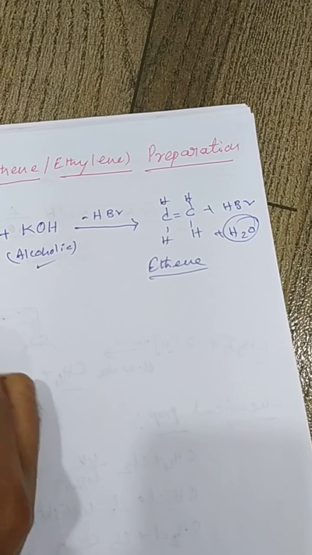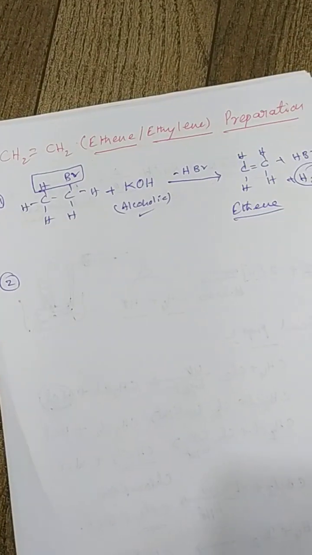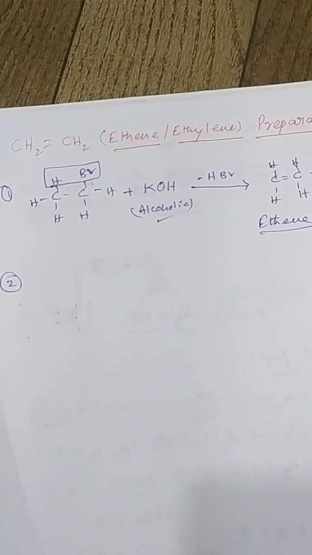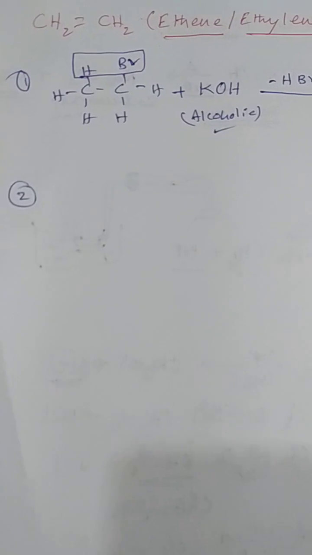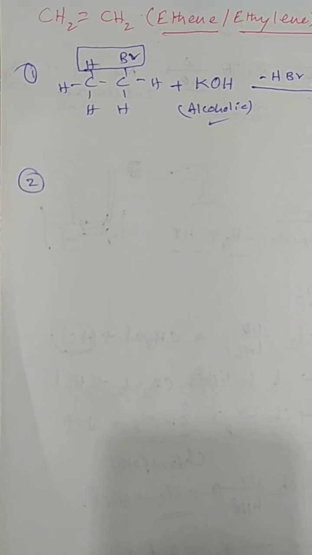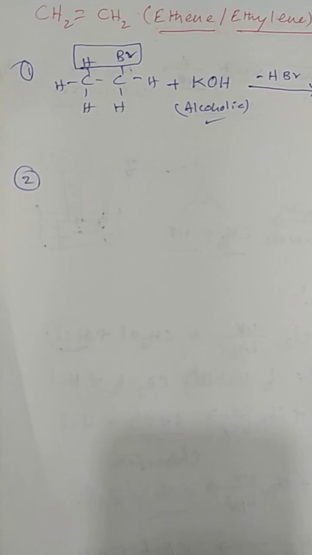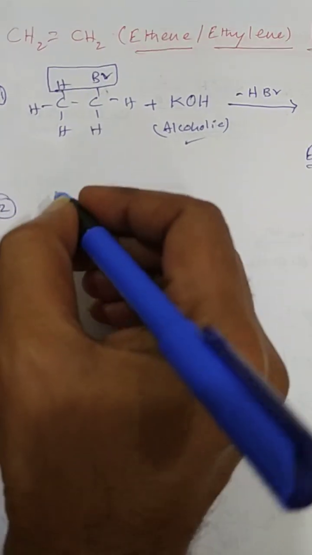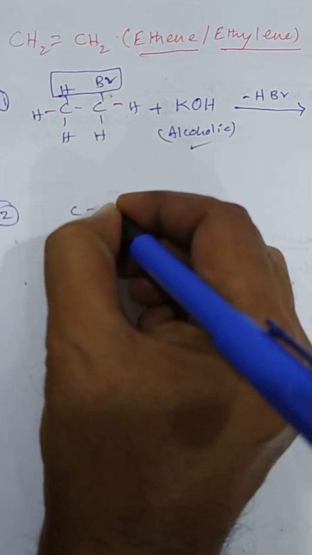In the second reaction, if you are taking a sulfur compound, it is called dehydration. This reaction is called a dehydration reaction. We are using sulfuric acid as a catalyst, and the alcohol will give a water molecule and ethene, like ethyl alcohol.